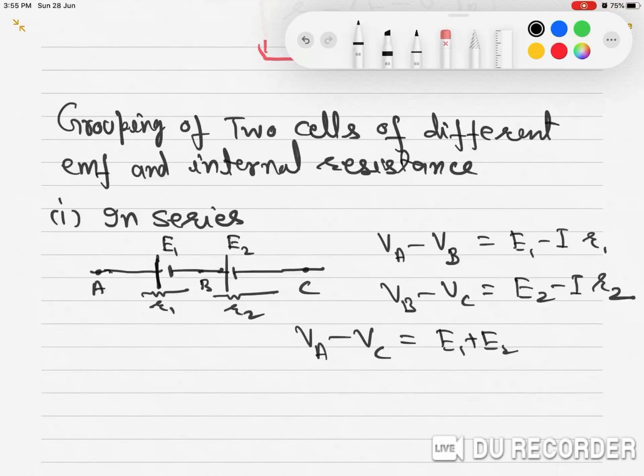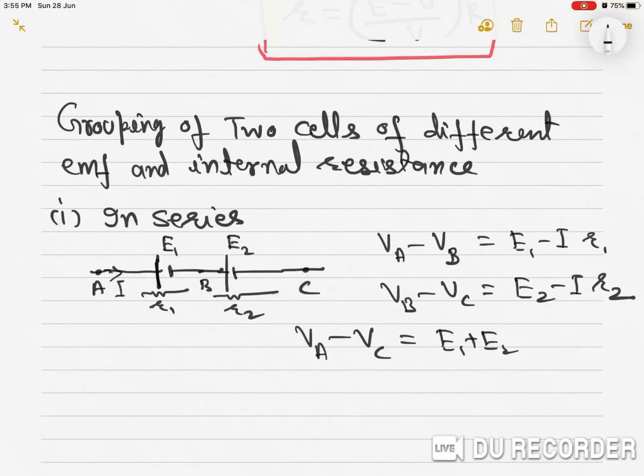Suppose current I is flowing, so we will add them, then VA minus VC will be E1 plus E2 minus I times r1 plus r2.